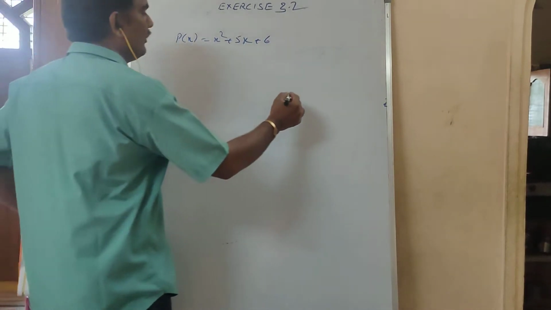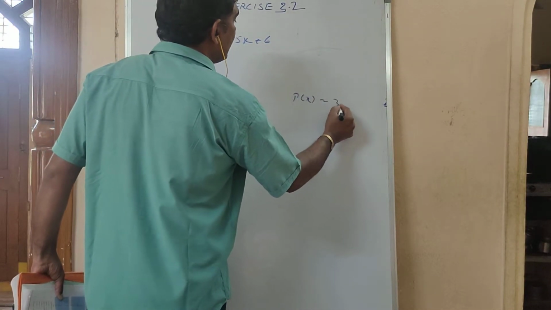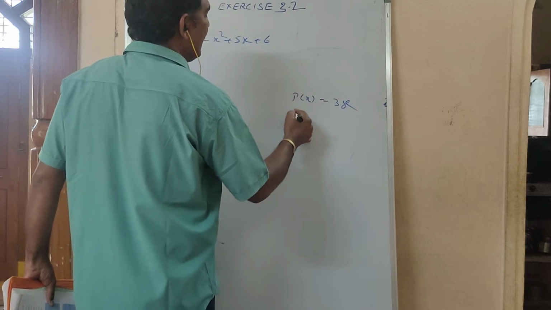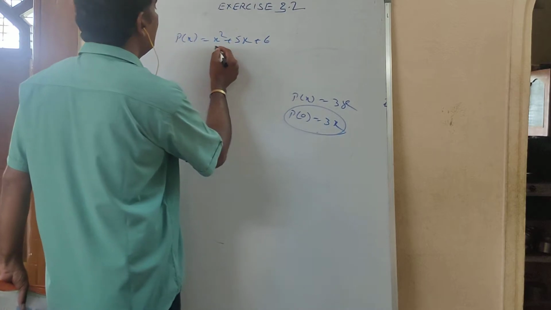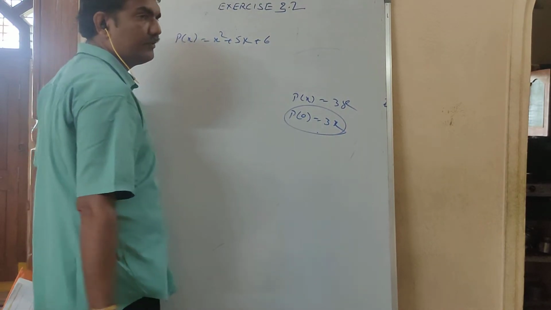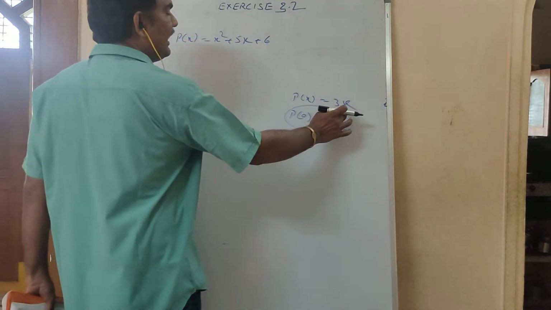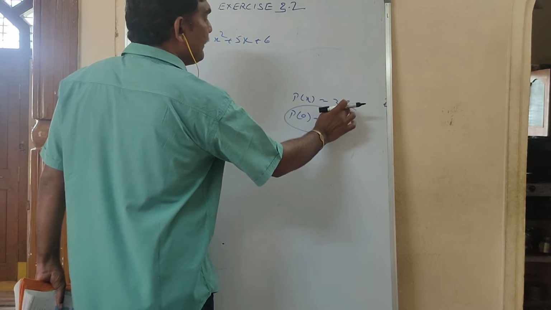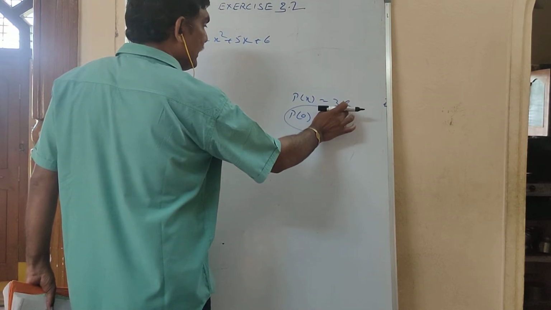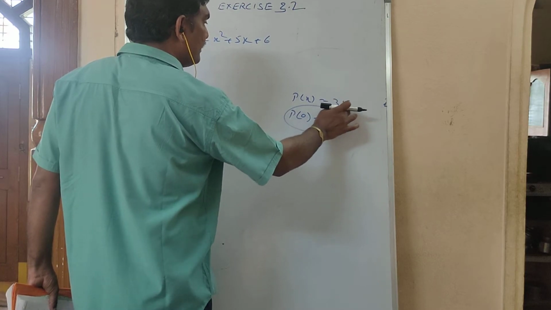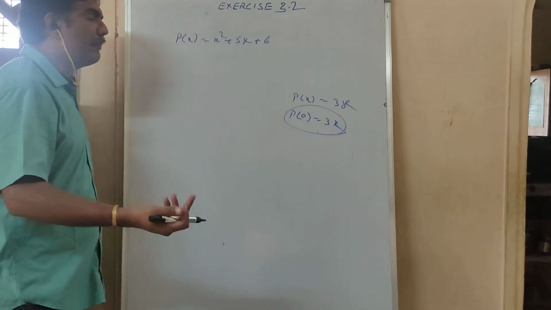Before, for p of x is equal to 3x, I directly wrote 0 here. But here I can't directly write p of 0, because here we have to find what to substitute in place of x to make it 0. In place of x, if you write 0, 3 into 0 is 0. You will come to know about it.